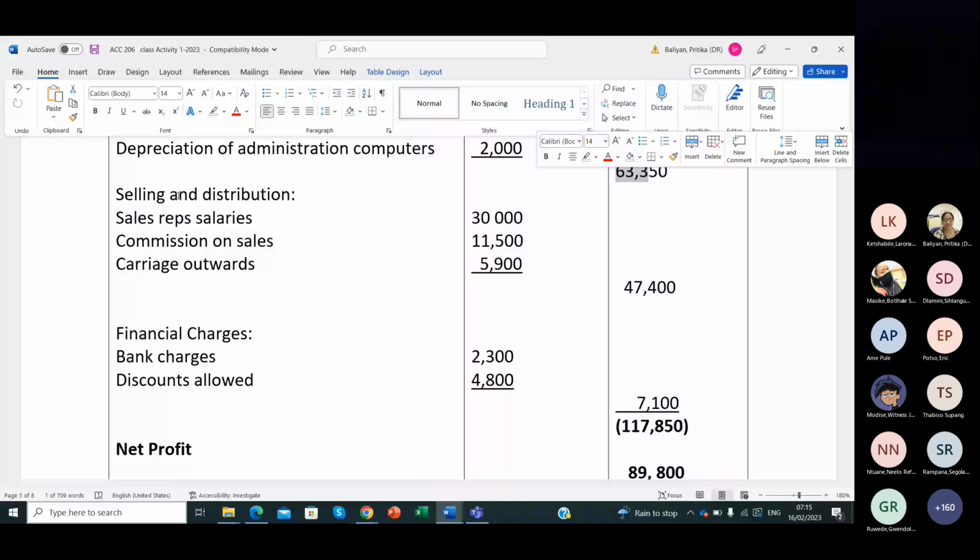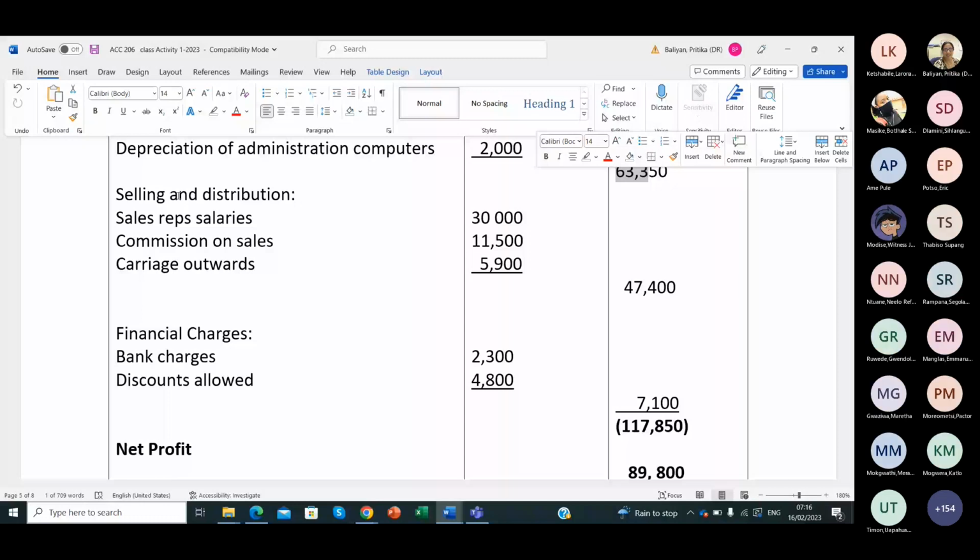So that is a selling and administration charge. Commission on sales. They paid commission on sales because it is given in a debit column of the trial balance, so obviously it is an expense. So commission on sales is an expense. Then just go one by one. Look at what other expenses are given there.